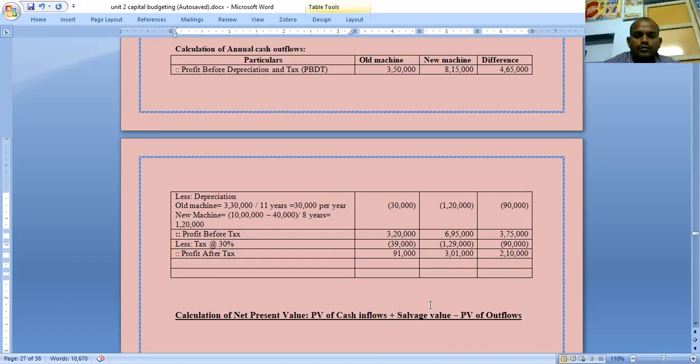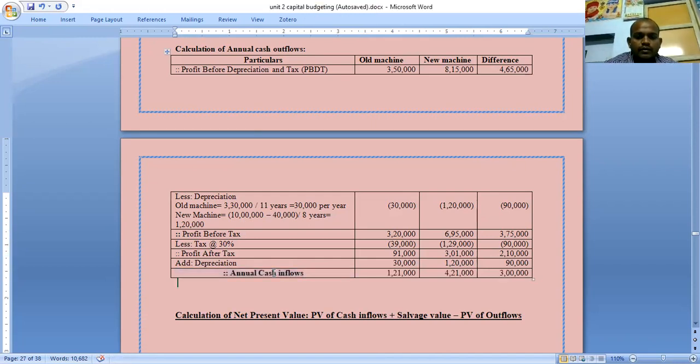Then we have to add the depreciation to this profit after tax. Whatever we deducted earlier for tax benefit, we have to add it again. Now we'll get the annual cash inflows, for old machine and for new machine. If we consider the new machine, the increment will be 3 lakh.